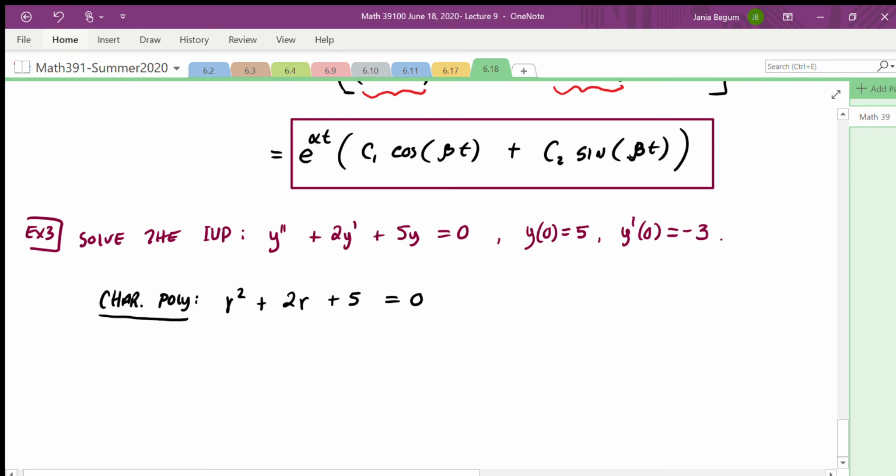Okay, and what are the roots? I have negative 1 plus or minus 2i. You have to use the quadratic formula. So r is equal to -1 plus and minus 2i. Okay, so all of you should have gotten this by using the quadratic formula.